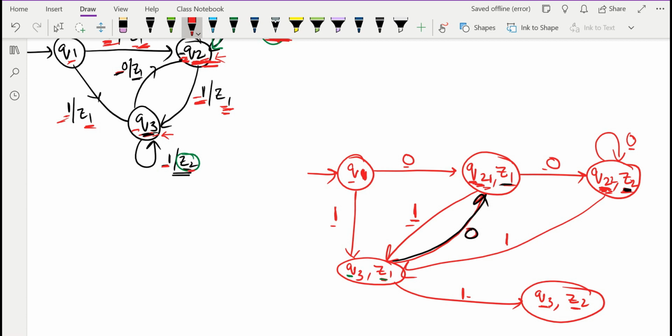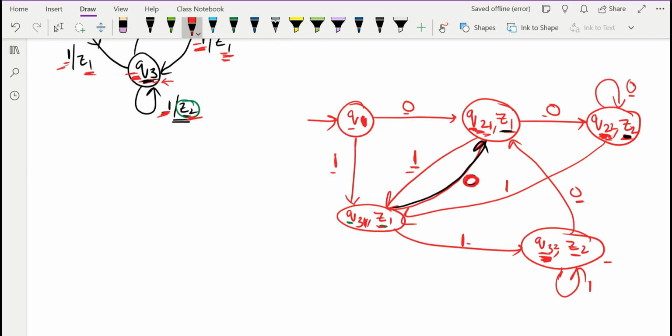Now this is correct. From this state I have a transition for 0 and a transition for 1. But what about the new state which we have added? I can write it as Q31 and Q32. From Q3, if I receive 0, I am going to Q2 with Z1.